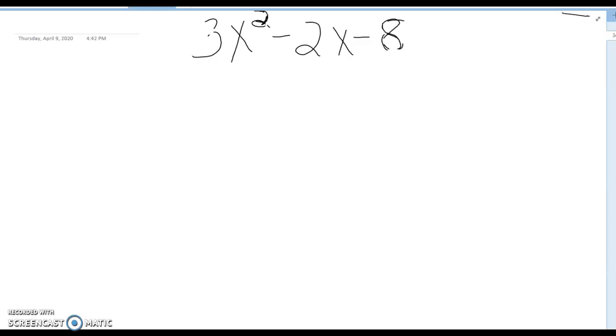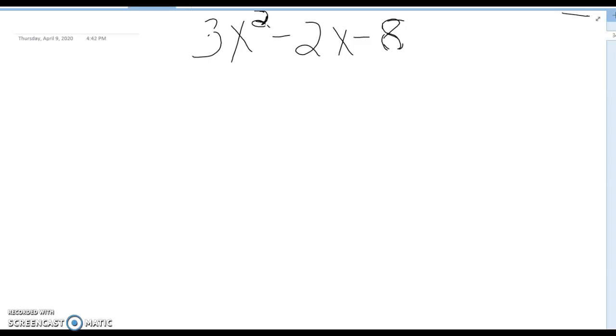When we look at the 3, we can't do that, but we want to multiply it by another number, which is going to be 3, so that it becomes a perfect square, which would be 9, because 3 times 3 is 9. And then we can take the square root of 9, and it will be 3.